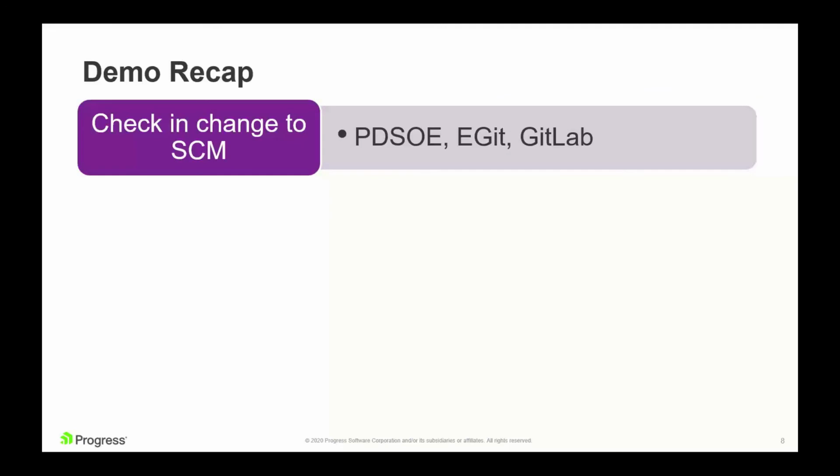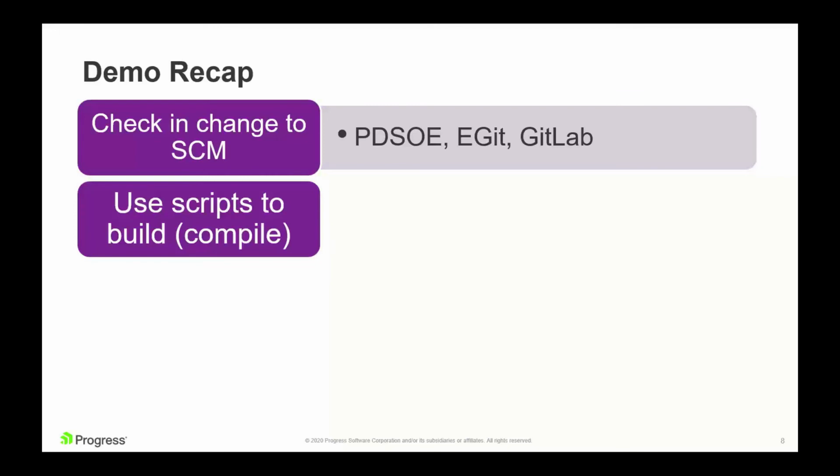Okay, quick demo recap of the things we did last time around, which I actually showed. Basically, coming in from a check-in of a change in your source control management system. I'm using PDSOE, eGit, and GitLab for that. Then we had some scripts to build and compile.